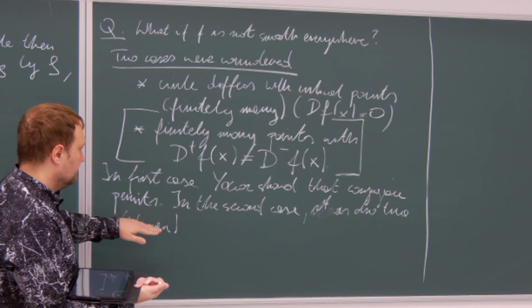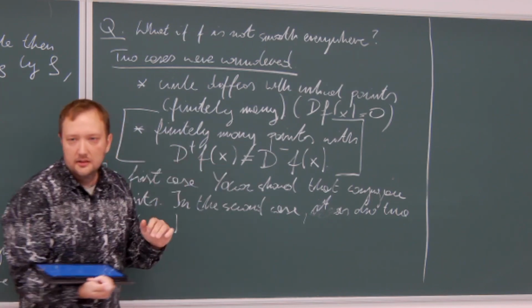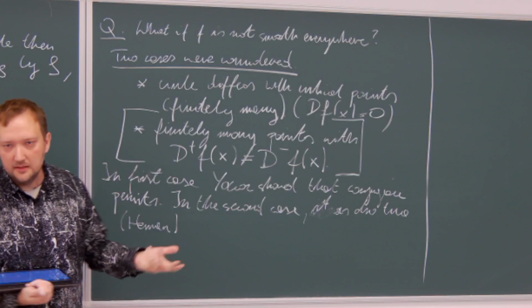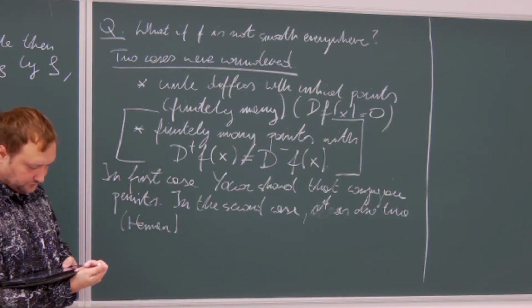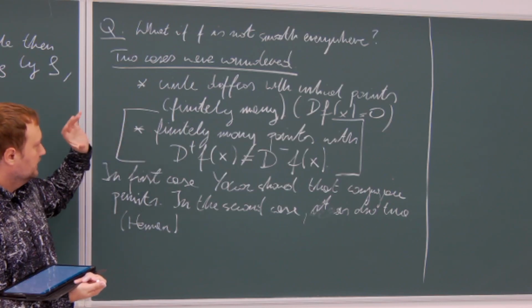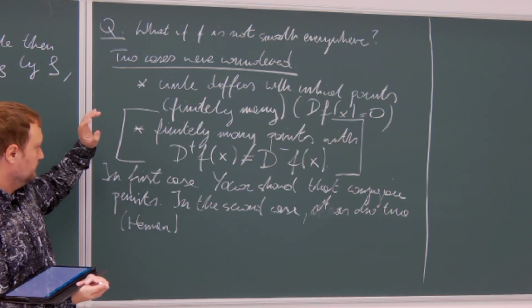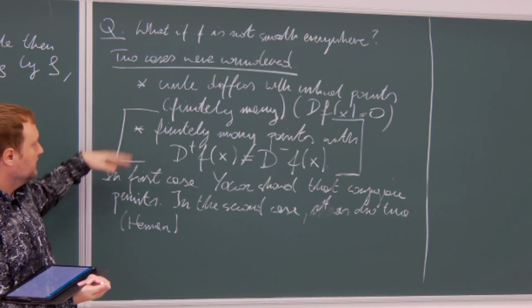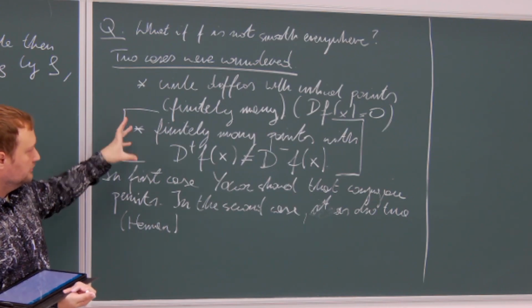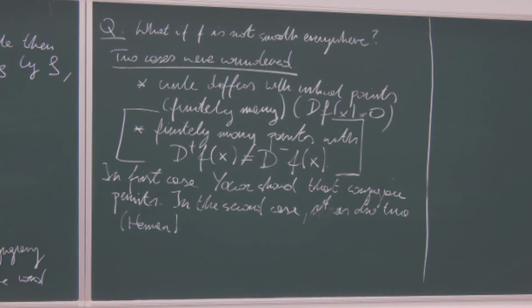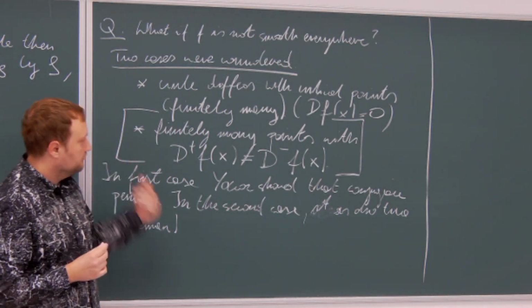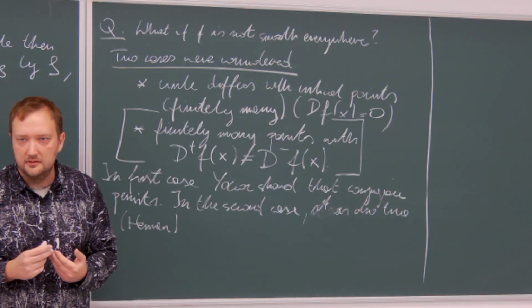Okay, so in the second case, we have a topological conjugacy. So assume again we have a piecewise differentiable map, which is topologically conjugate to a rotation.